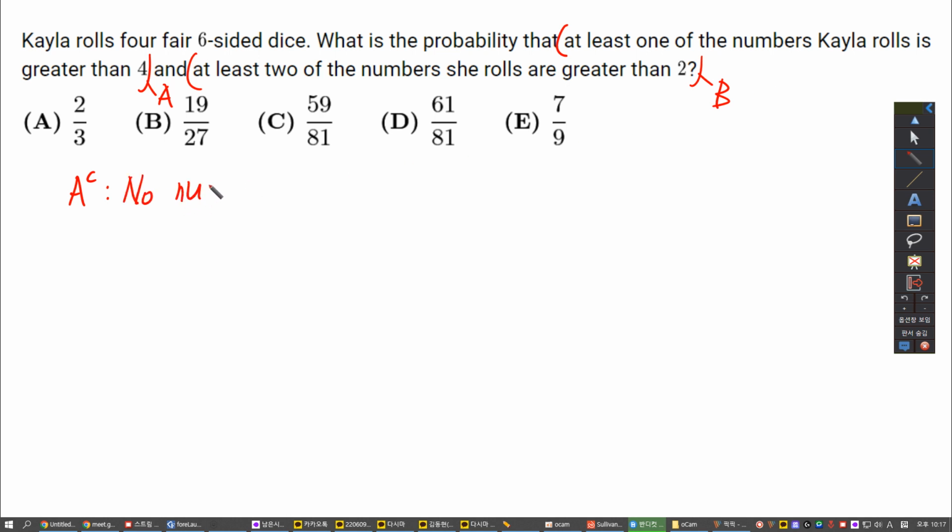No number is greater than 4. That means all numbers are made of 1 through 4 when you roll the dice.